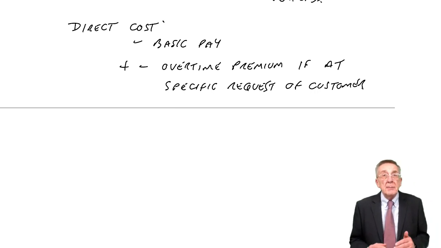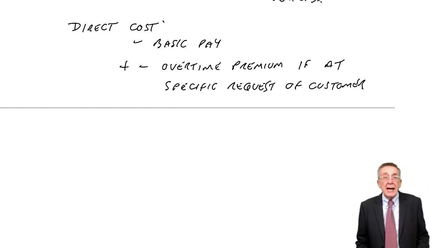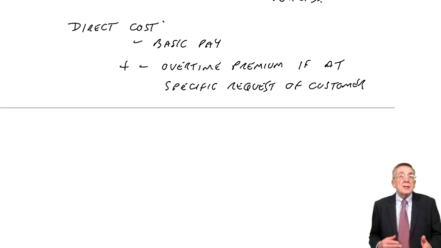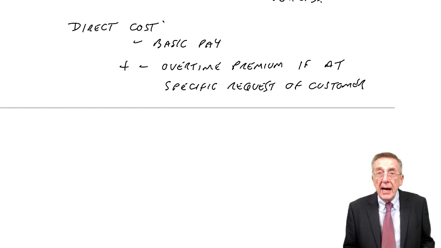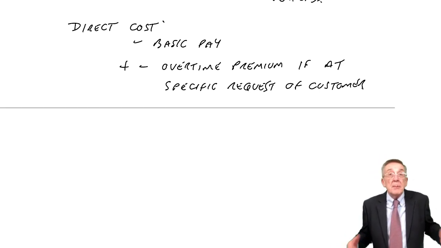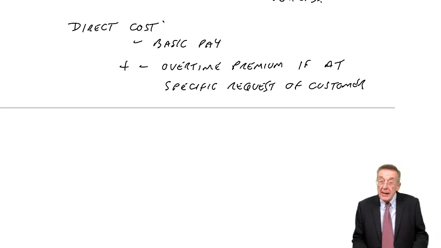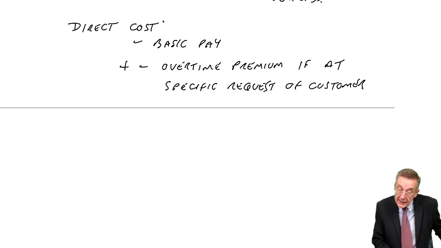Idle time is when you're paying your workers during hours when they're not working. For instance, maybe a machine's broken down, and while we're waiting for it to be repaired, the workers can't do anything, but we're still paying them. Well, the payment while they're not working is an indirect cost.